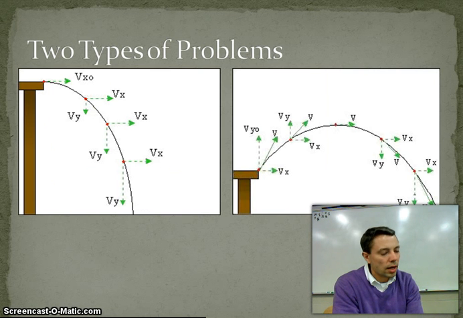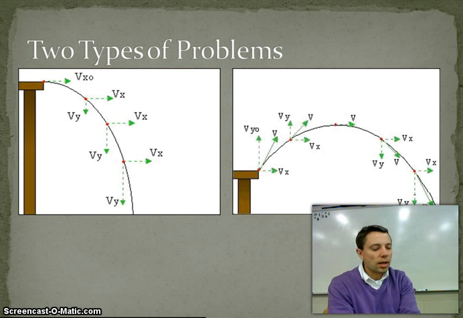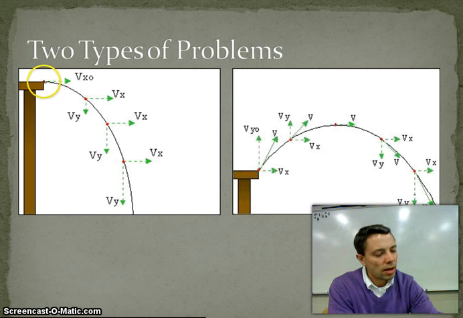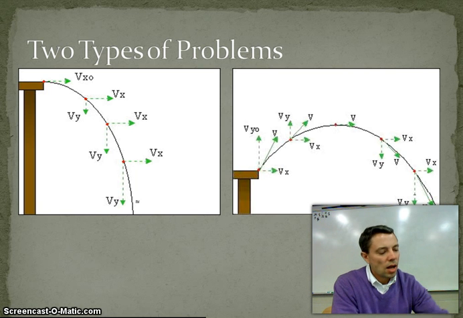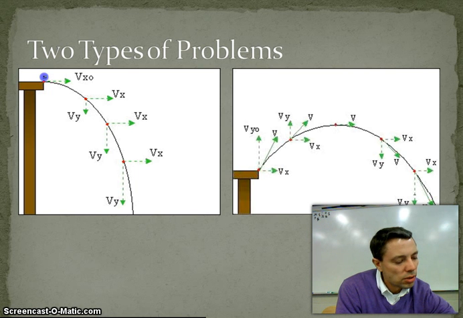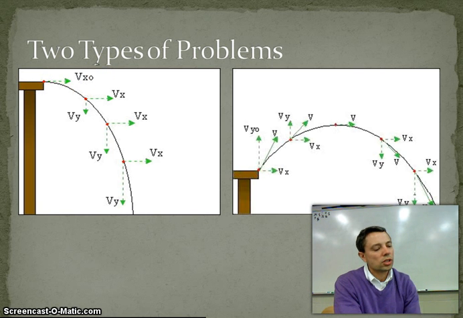Just to look at typical situations for projectiles, we have two unique situations. The first one is where we have, say, a car falling off of a cliff. So this is my cliff jumper here. All of my original velocity was in the x direction.